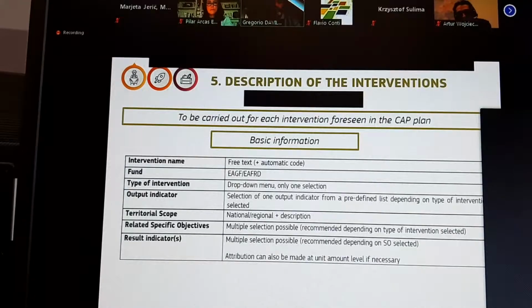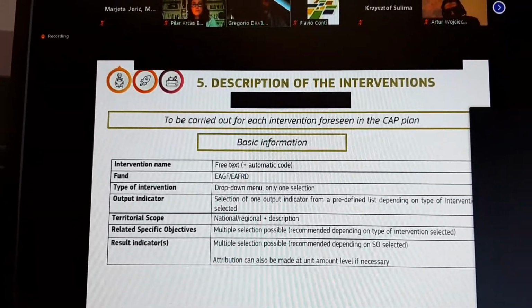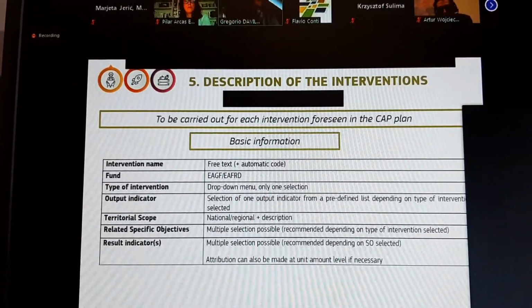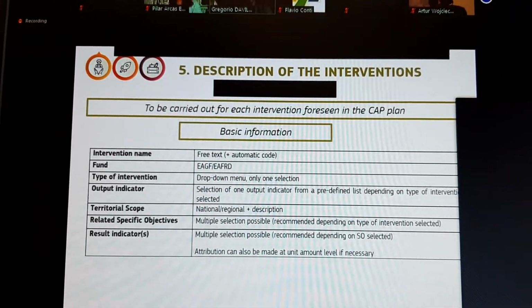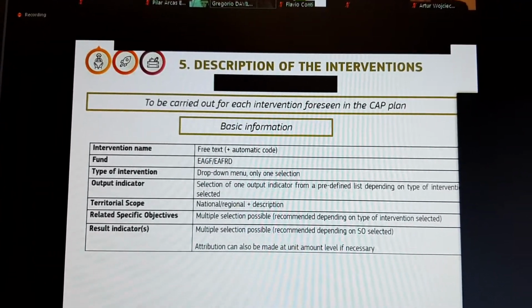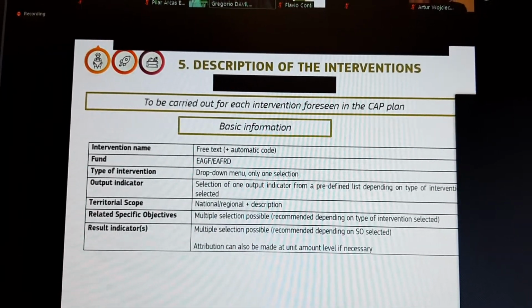Then you will have to tell us what the territorial scope is. On this one, so far we have always said that regionalized interventions are possible, of course.